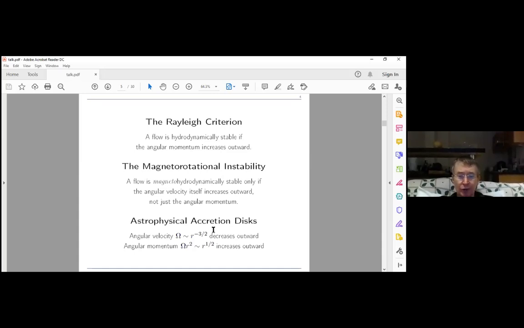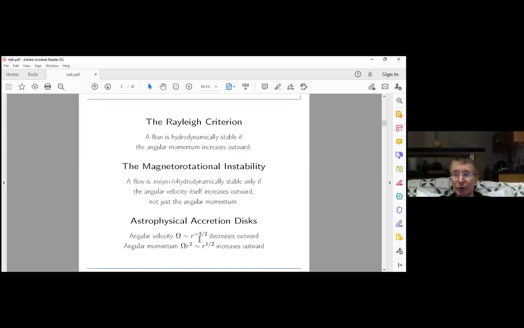And at that point, you have a little bit of a problem in terms of explaining how that accretion actually works, because if you ignored the presence of magnetic fields, then you would say we are in this situation where the Rayleigh criterion applies, because after all, the angular velocity in an accretion disk is just a Keplerian rotation profile, at least if the central object has most of the mass.